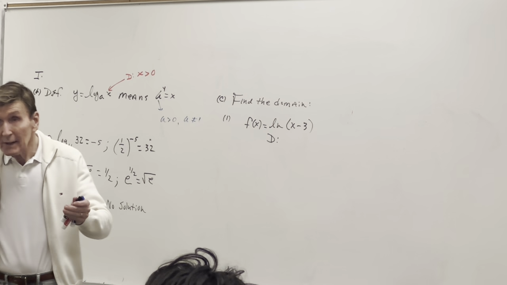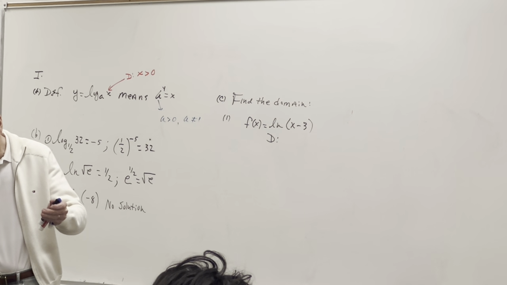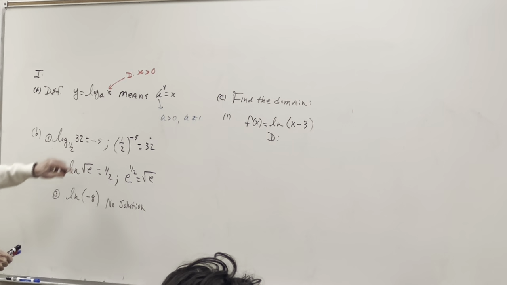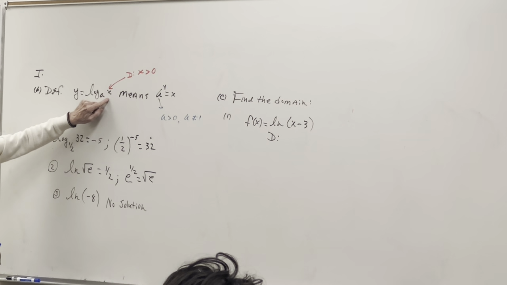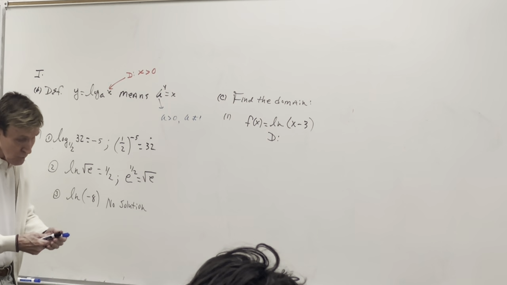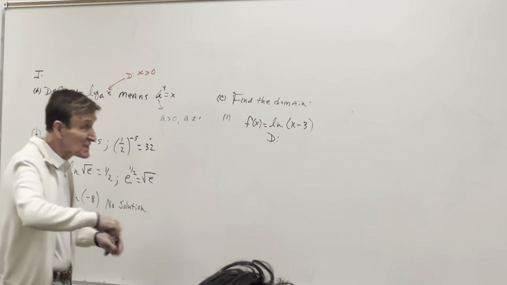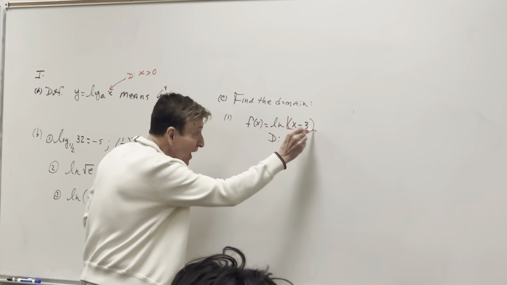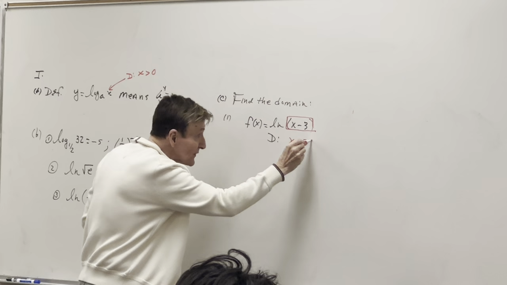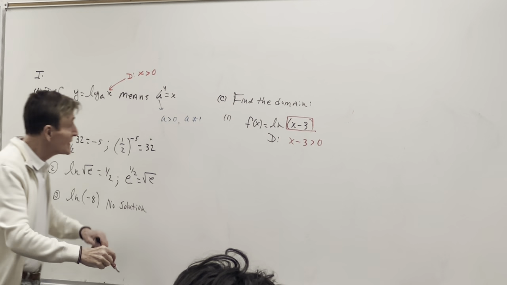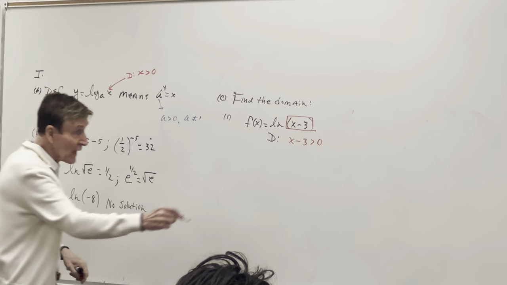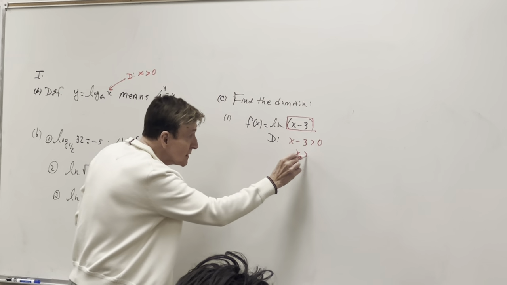I can look at this right now and tell you I cannot replace x by 1. 1 subtract 3 gives me a -2, and this definition says stay away from negatives. Okay, now let's see what to do here. This right here is called the argument, and it must be greater than 0 based on the definition. If you solve for x, there's your domain.